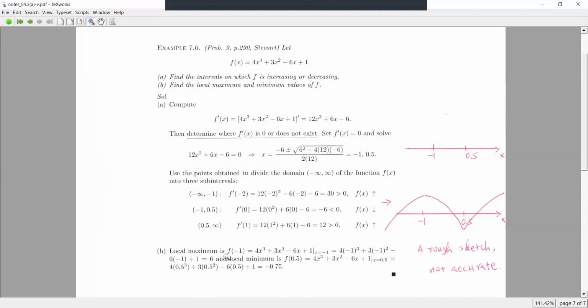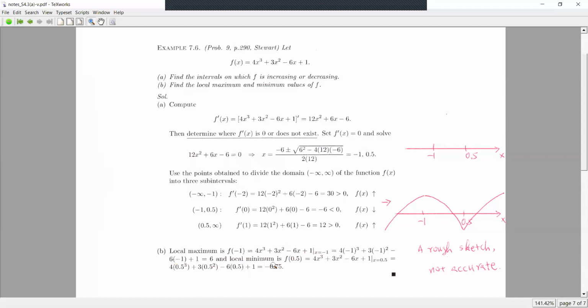How to get f of -1? This is the function f. Plug in -1 in x to get this. And then 6 is the function value of f at -1. 6 is the local maximum function value.